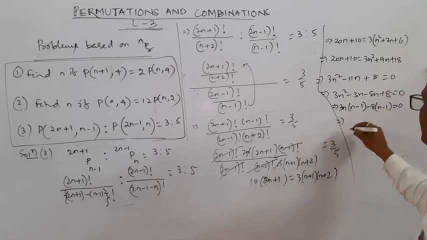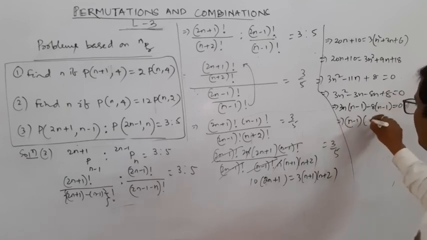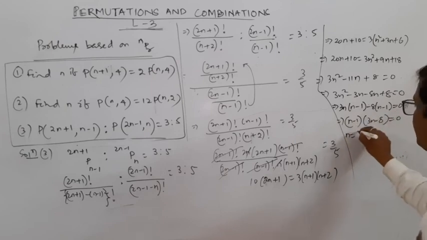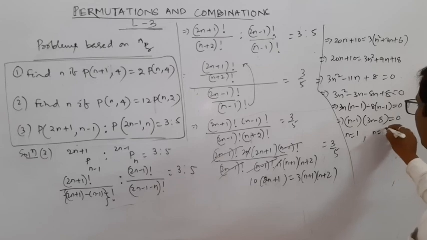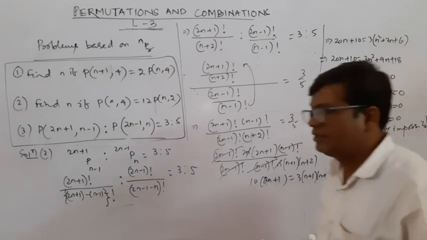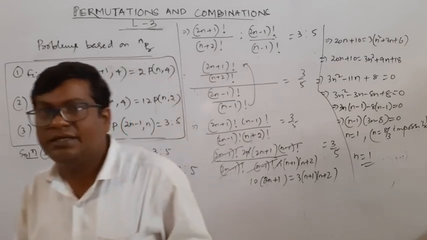So (n−1)(3n−8) is equal to 0. n is equal to 1, n equal to 8 by 3, impossible. So n is equal to 1.